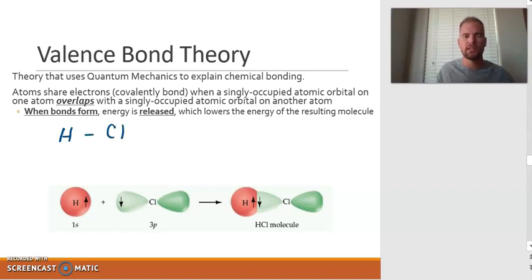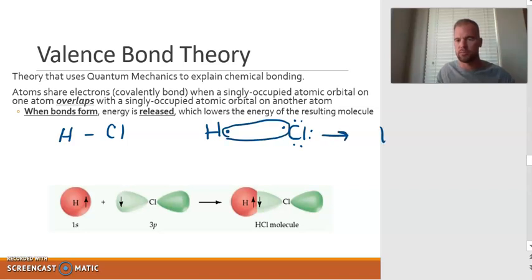Let's think about it in the simple way that we've been talking about. Hydrogen has its 1 valence electron and chlorine has its 7 valence electrons. And so what we've learned so far is that when they come together, they're going to share these 2 electrons right there, and so it ends up looking something like this.